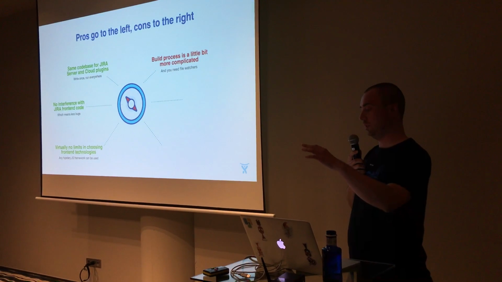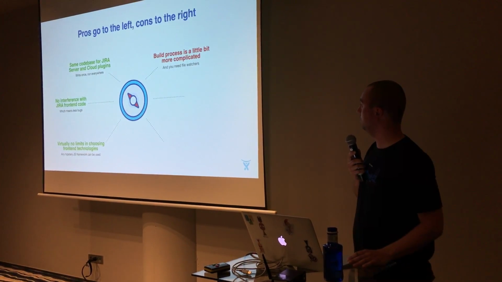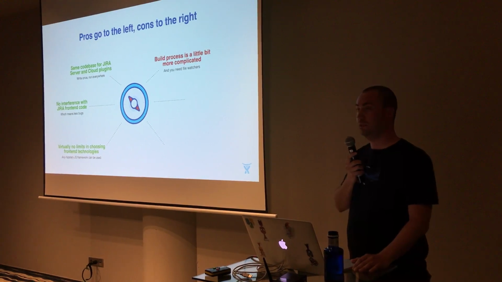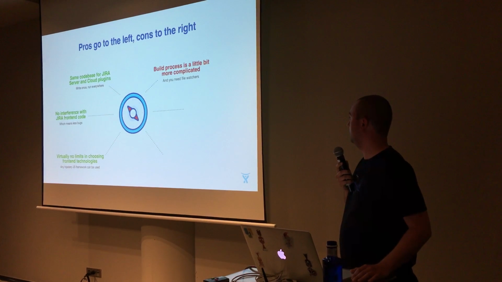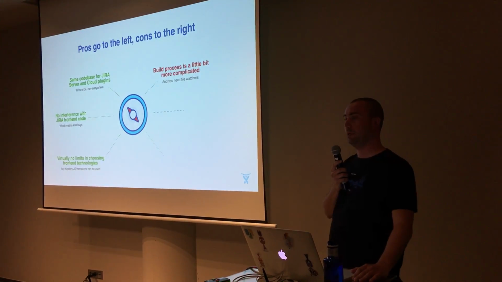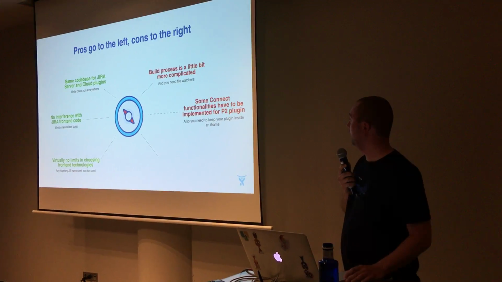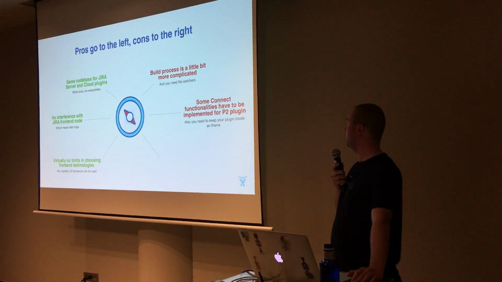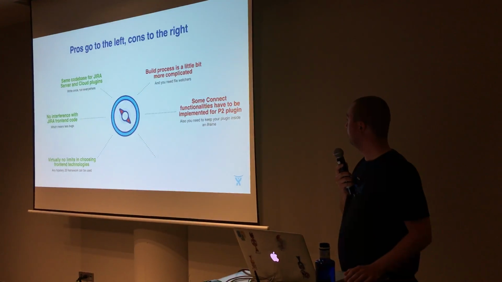There are some cons, of course. The build process is a little bit more complicated, because you have to copy these front-end files and move them to other modules. Also, during development you need file watchers, which is a one-time setup, but still some overhead. Some Connect functionalities have to be implemented for the JIRA Server plugin.